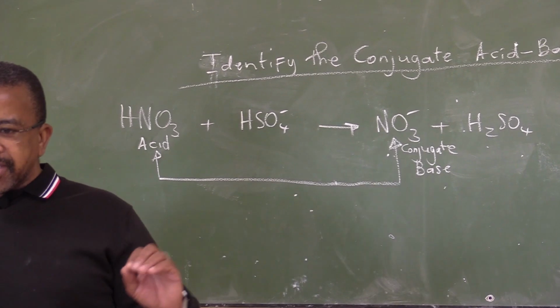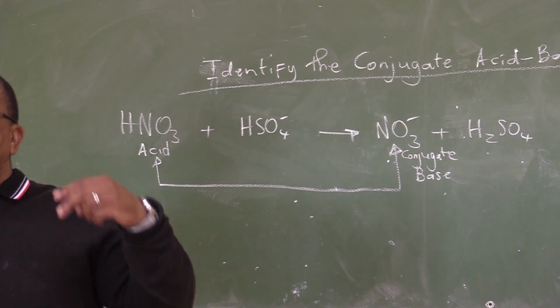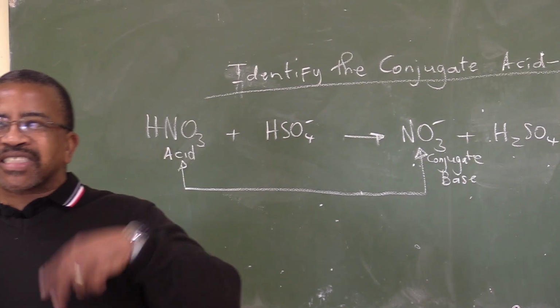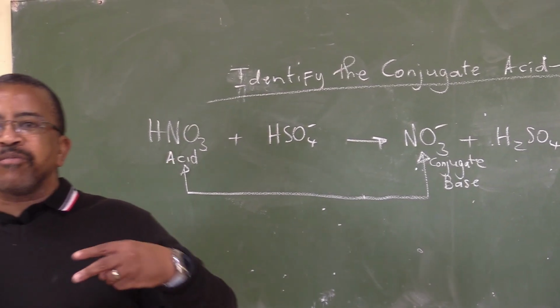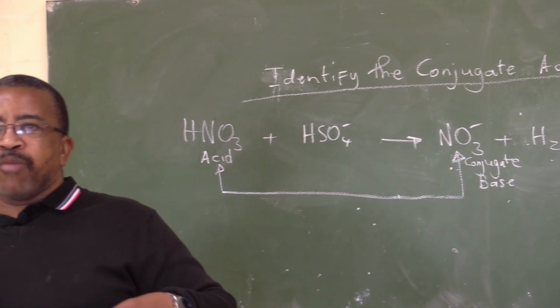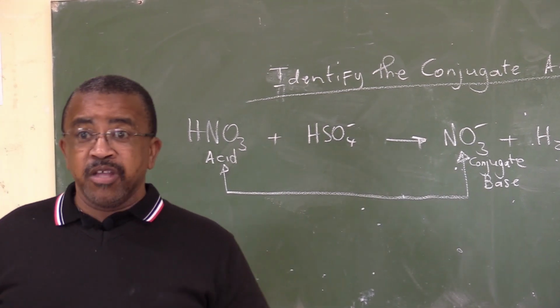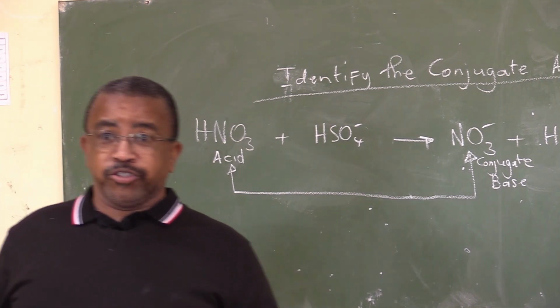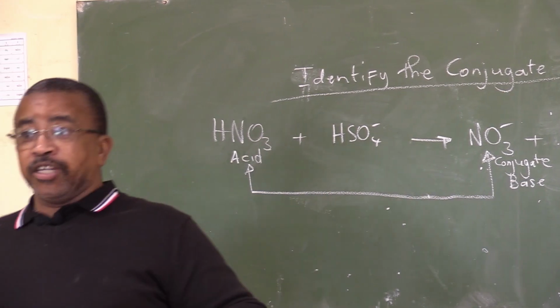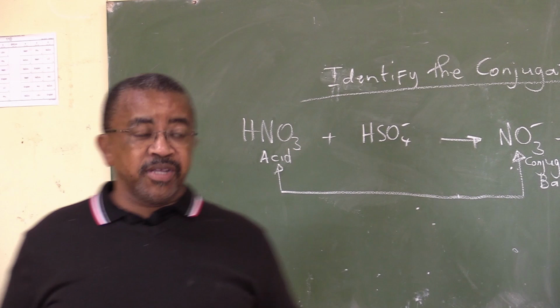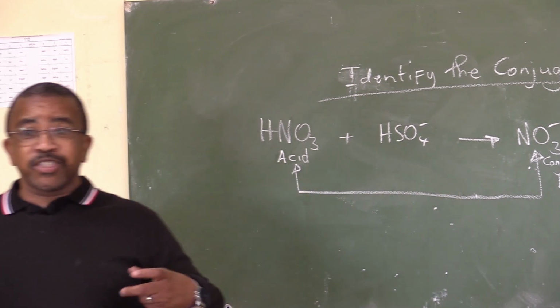A conjugate base is H less, it has got less hydrogen. So it has got less hydrogen.